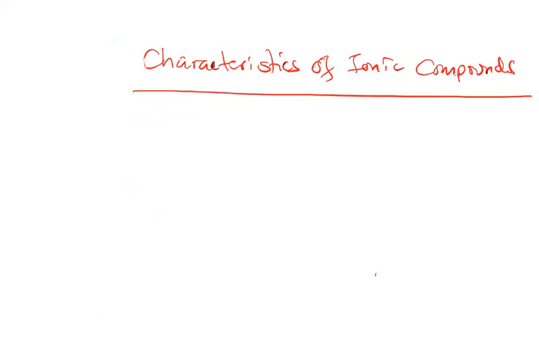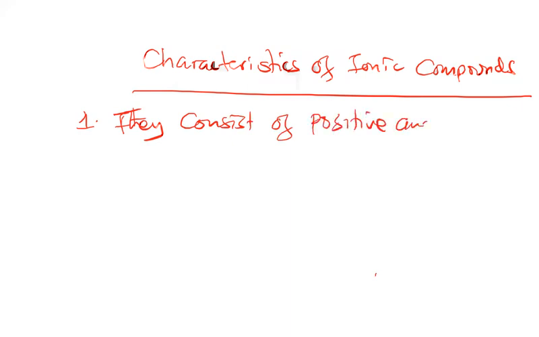Okay, so characteristics of ionic compounds. Number one, they consist of positive and negatively charged ions.